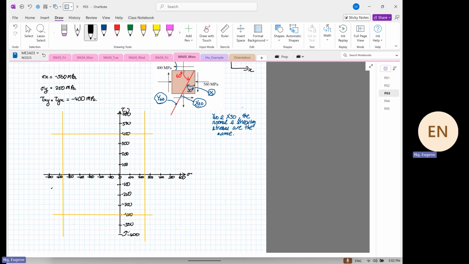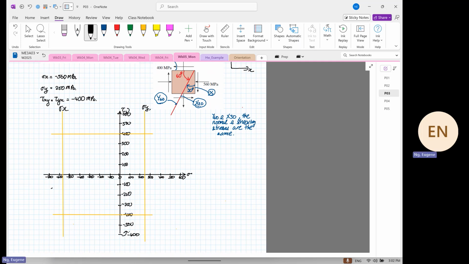So we are going to label this. This is for stress X. This is for stress Y. If you look at stress X, 560, is the element going to rotate clockwise or anti-clockwise?